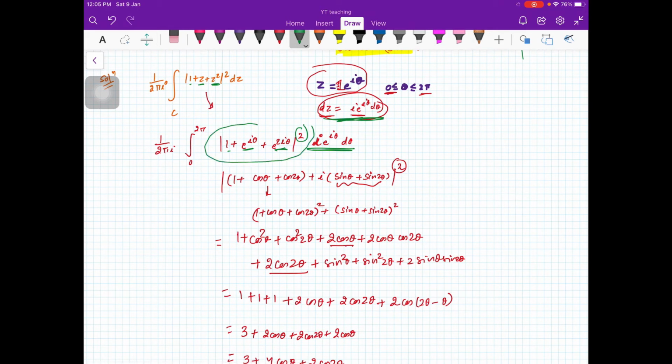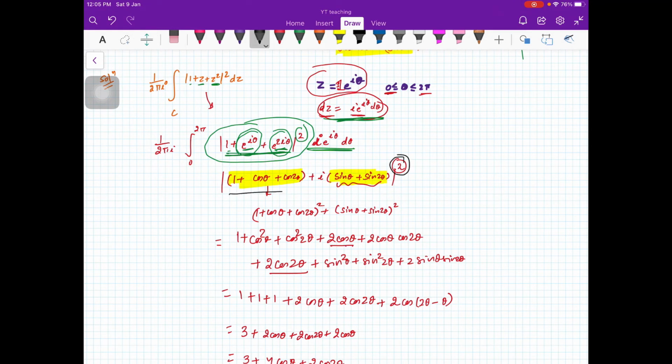Now if you look at this quantity here, the calculations are a bit lengthy, so you can just do the calculations. So this actually is a complex number: cos theta plus iota sin theta, and cos of 2 theta plus iota sin of 2 theta. If you separate the real part, you will get 1 plus cos theta plus cos of 2 theta, and the imaginary part will be sin theta plus sin 2 theta with iota outside.